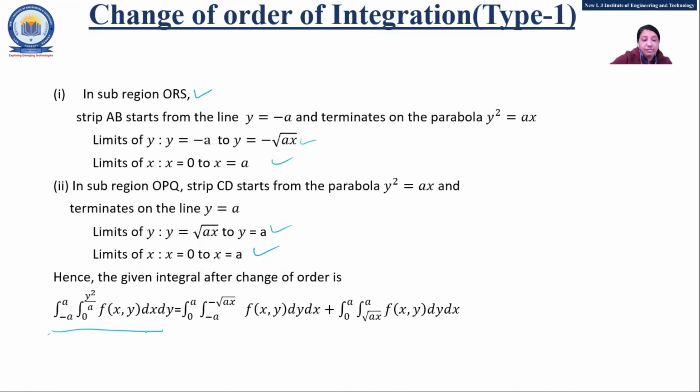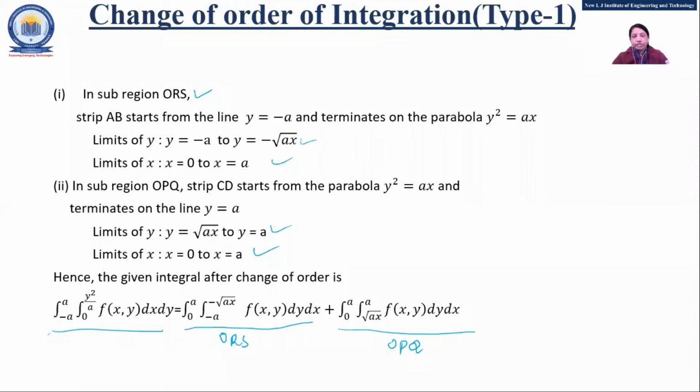You know that if one region is divided into two, addition will always be used between the two regions. So this is my ORS region and this is my OPQ region. You need to write it in this way. Fine. Okay. Any doubt?